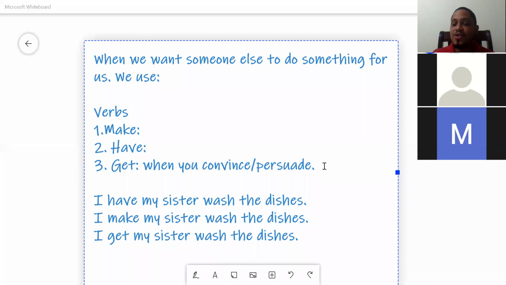So this is good. This is cool. You convince her. I don't know what you told her that you will give her. Maybe she wants something, you know, in a good way and you're gonna do it, or you're gonna help her doing something. So you convince her, or you can go to her and tell her, oh, my dear sister, I love you. You know, you're the best sister of the world. I need you to wash the dishes today. You know, you are convincing.